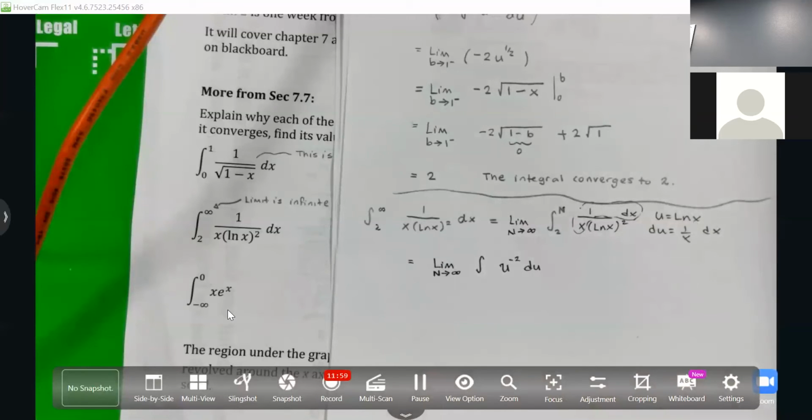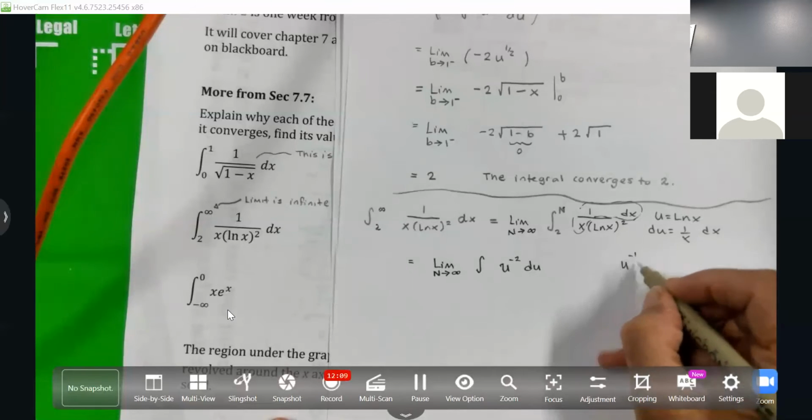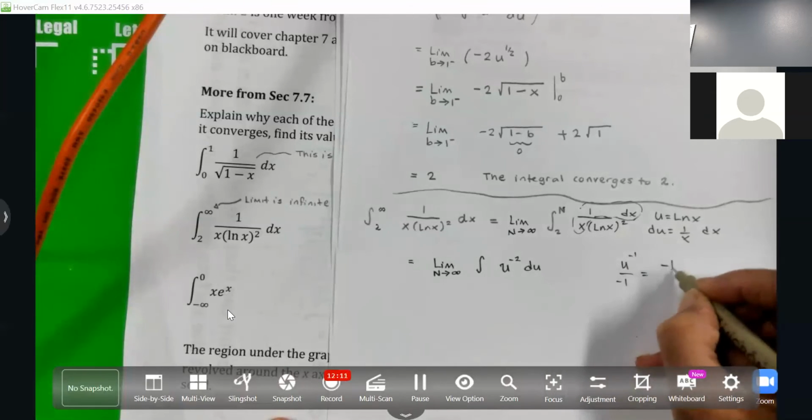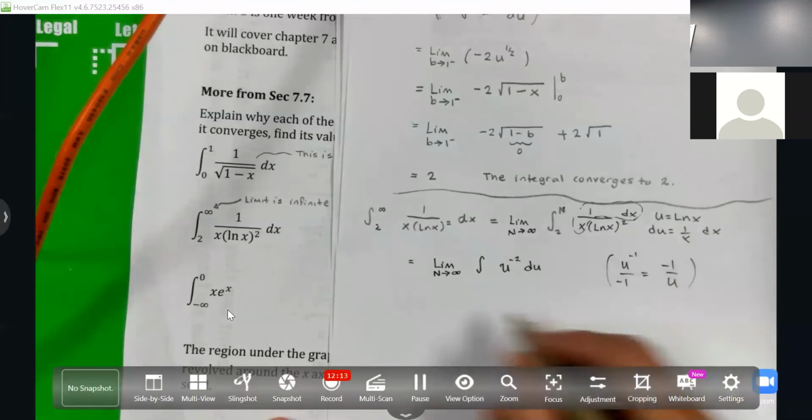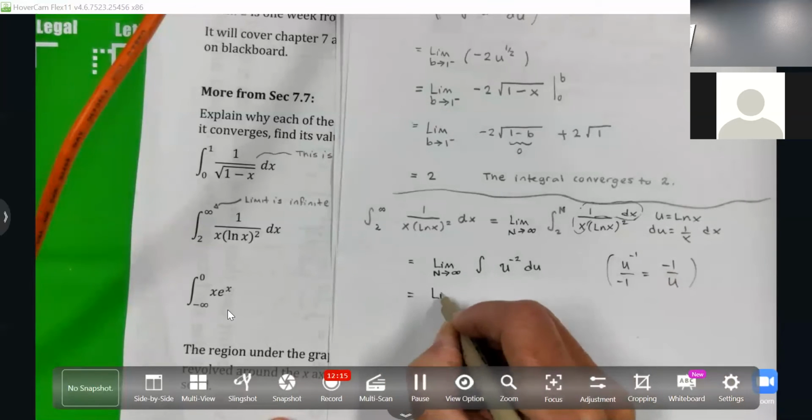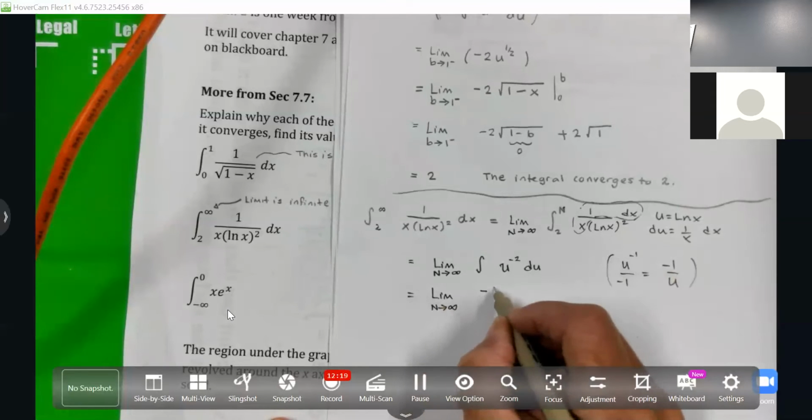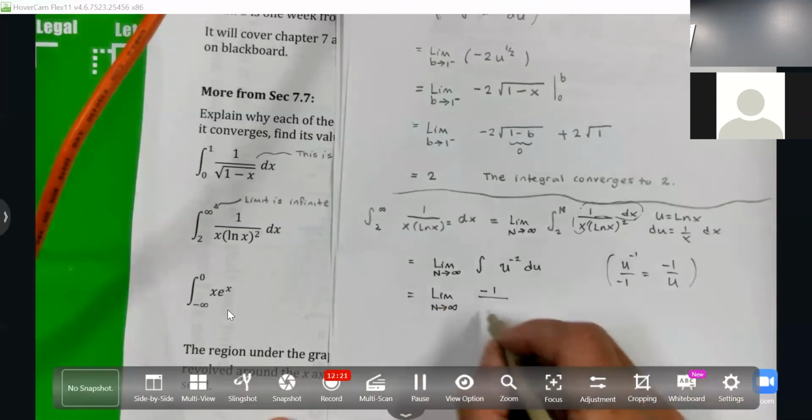Again, it's a power rule. Add 1 to the power, divide by the new power. So I get u to the negative 1 divided by negative 1, but I'm going to write that as negative 1 over u, where u was the natural log of x.